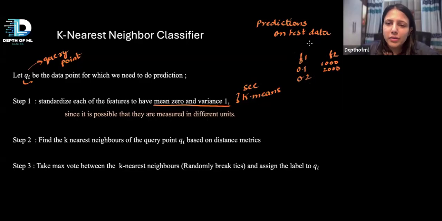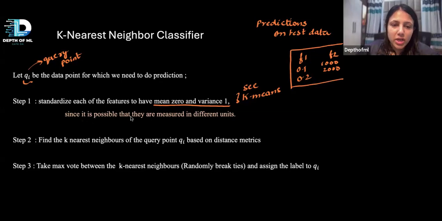If I standardize them, they will become equal. So the problem of features being on different units can be solved using standardization.